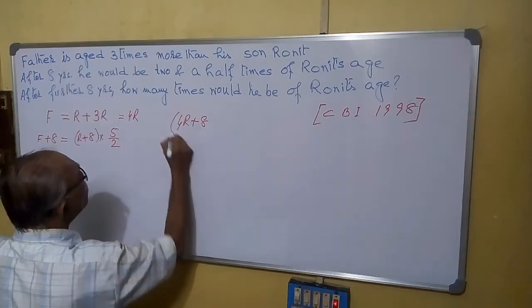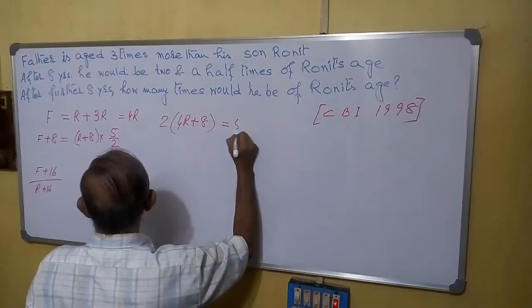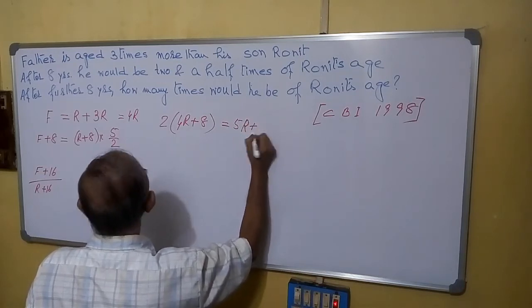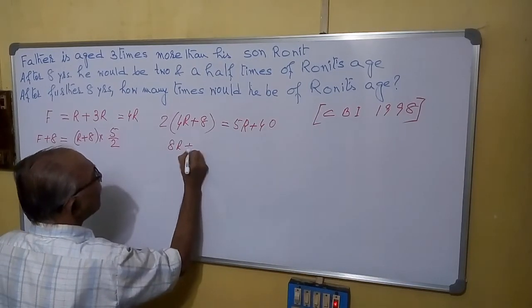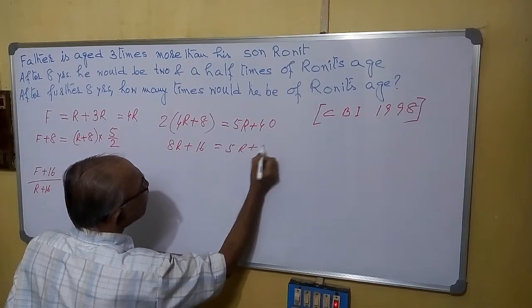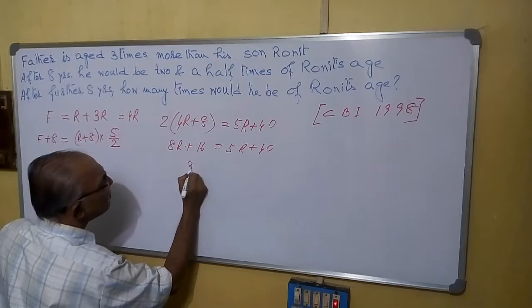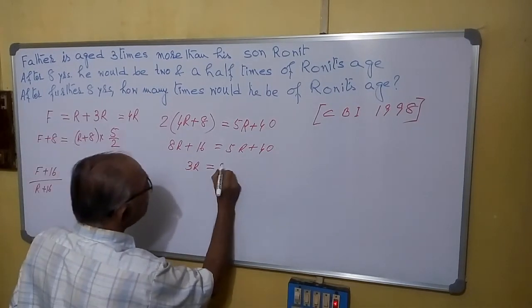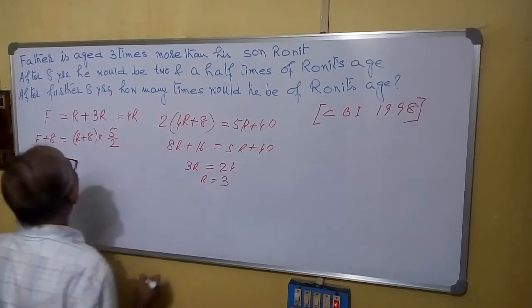So into 2 equals 5R plus 40, that is 8R plus 16 equals 5R plus 40. 8R minus 5R will be 3R. 40 minus 16 will be 24. From here R equals 8.